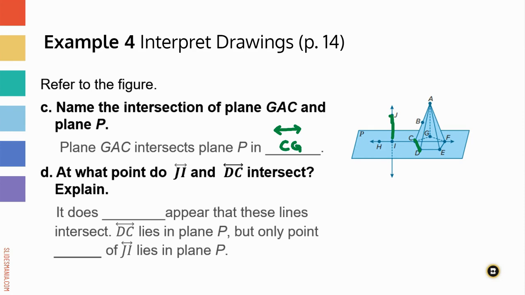So it does not appear that these lines intersect. Line DC lies in plane P, but only point I of line JI lies in plane P. So only point I. So these two lines will never intersect.